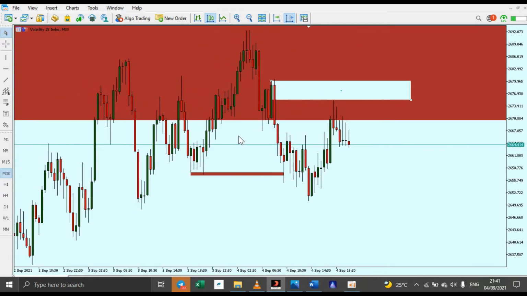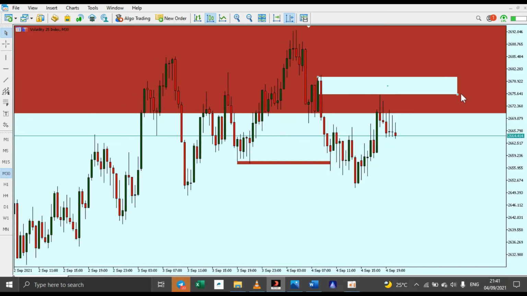Yes, it came back to retest this other block here. So this is, like I said, the 30 minutes time frame. It came back to retest this other block here. So I think for now we will be expecting bearish setups, looking forward to selling this particular index.